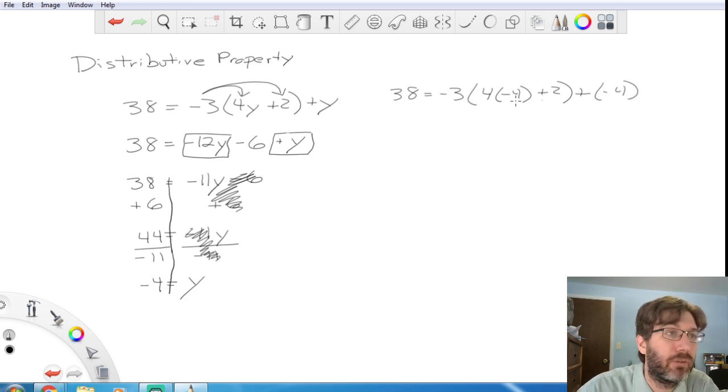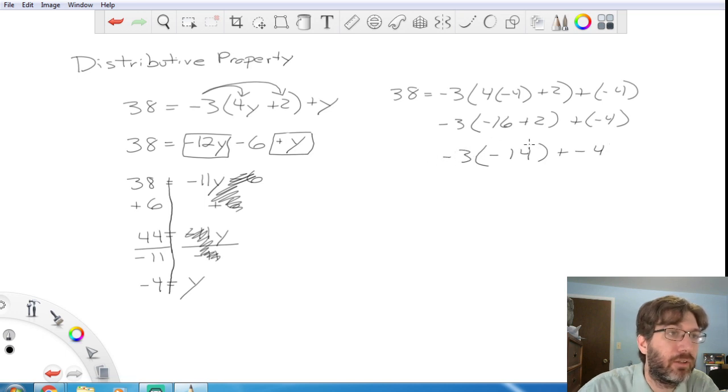So again, do parentheses first. 4 times negative 4 gives you negative 16. Negative 16 plus 2 is going to give you negative 14.